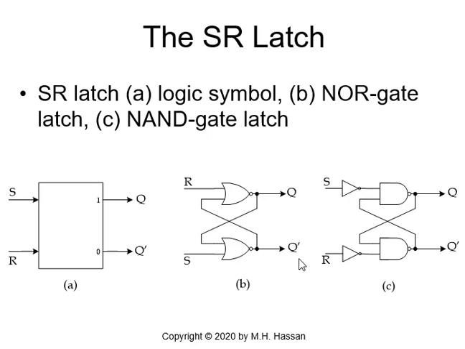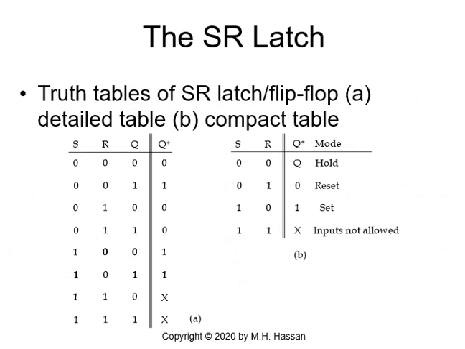So what this tells me is that when Q is 1, Q plus, or the Q changed, and this is the fourth row, when 0, 1, it is 1. Q plus became 0.